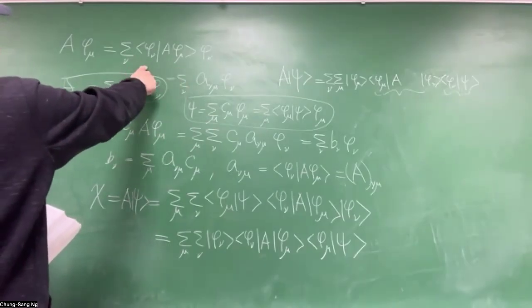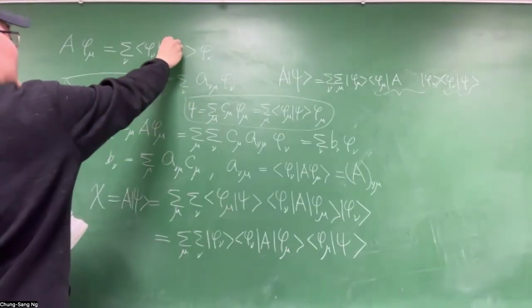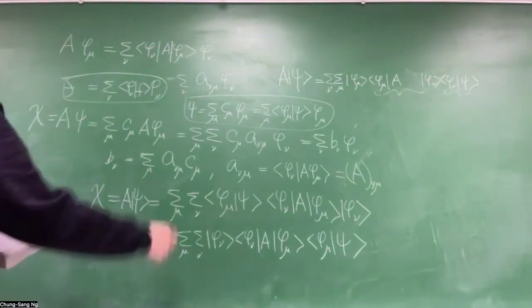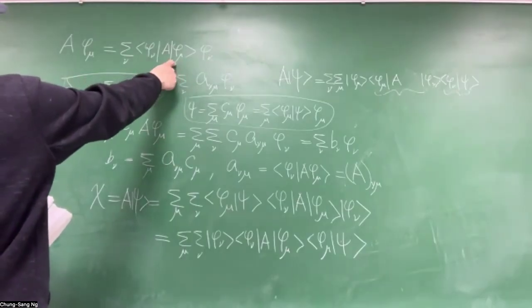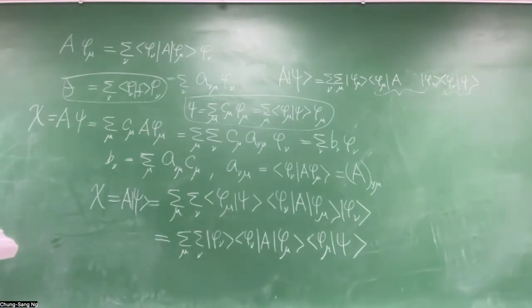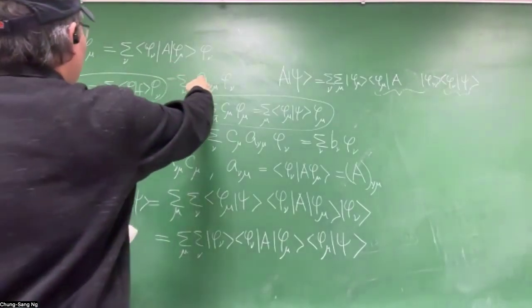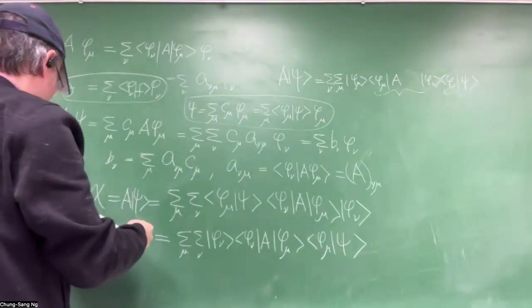This is just a number. But if you use the Dirac notation, then you add a strict line between the operator and the basis function, and then you can reverse the order.